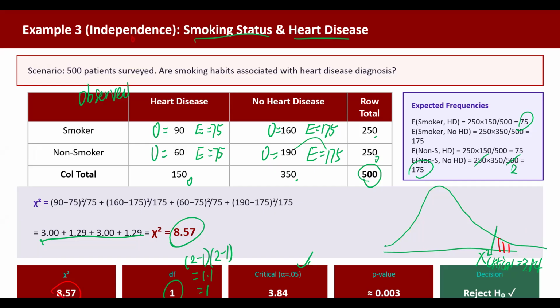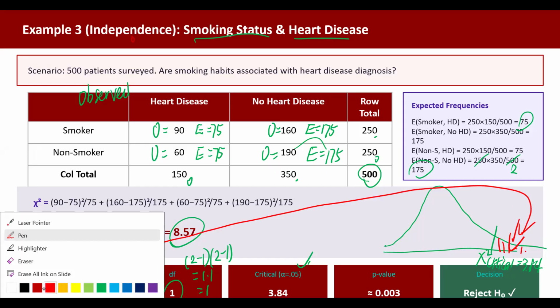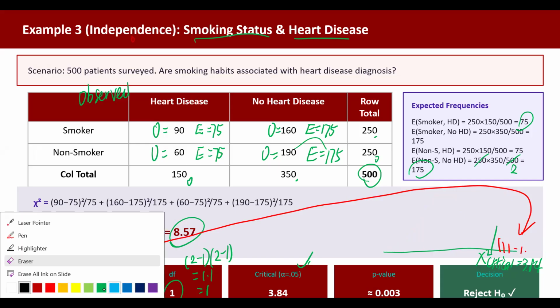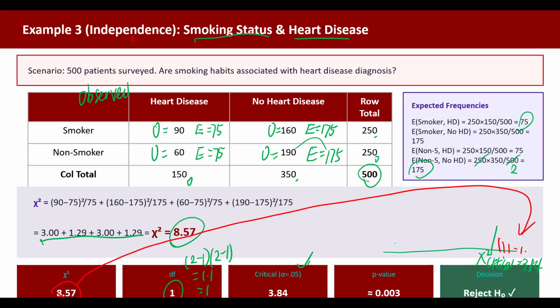So it's in the rejection region. And that means we are going to reject H0. So reject H0 here.